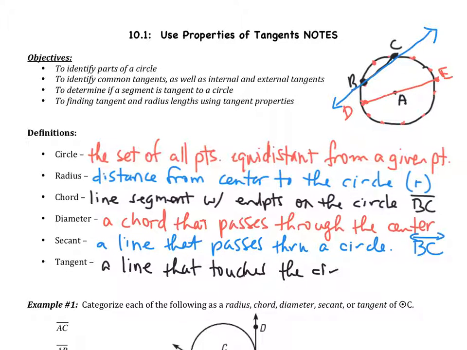As in it only hits the circle once, like a bat hitting a baseball. So I'll draw a picture of that. I'll use a blue line. A tangent line is like the one down at the bottom. Notice that it only touches the circle. It does not pass through it.